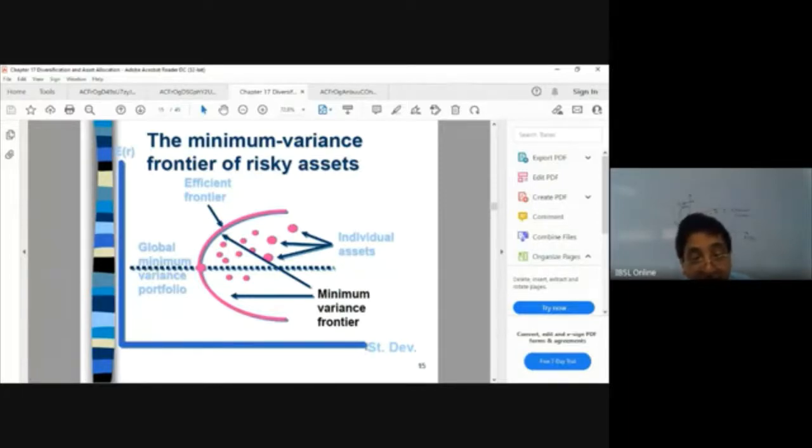So the x-axis represents the standard deviation, the y-axis represents the expected return. Now with that you get this curve. If you take this point, it is the overall minimum variance or minimum standard deviation here. I think you understand that.